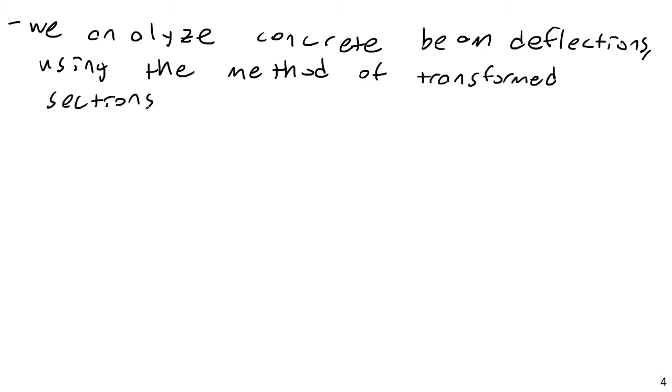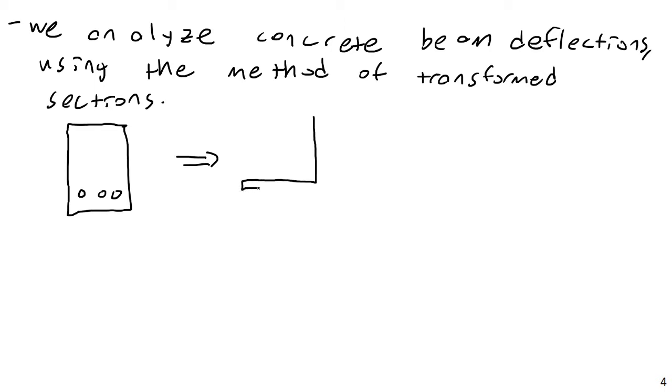So basically, if you have a reinforced concrete beam with steel in it, we're going to transform this into a large block of concrete. Instead of transferring everything to steel, we're going to transform everything to concrete. So if you have steel here, we transform this into a concrete beam that would look kind of ridiculous like this, really large, with a major jutting out of material where the steel is.